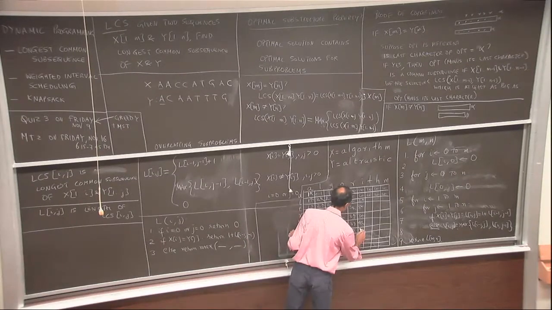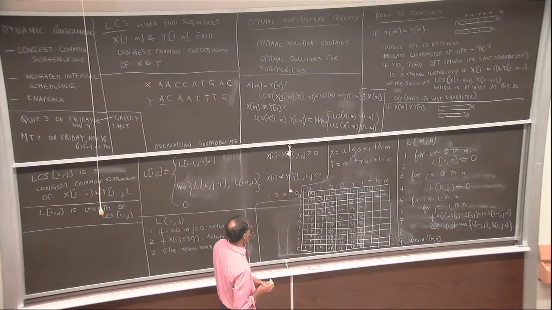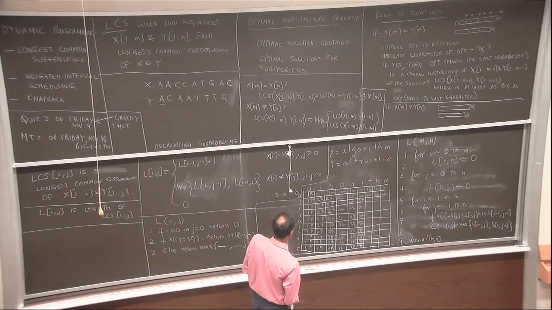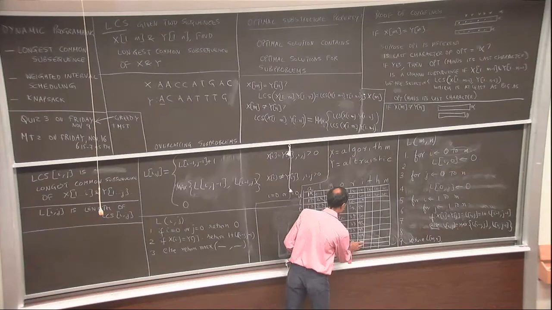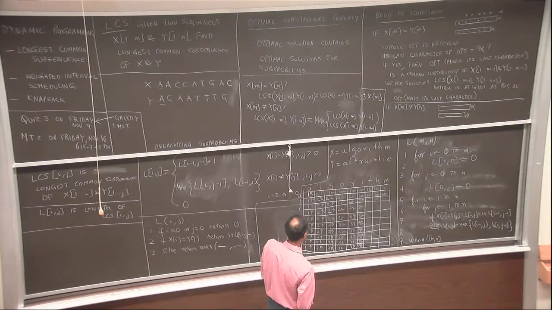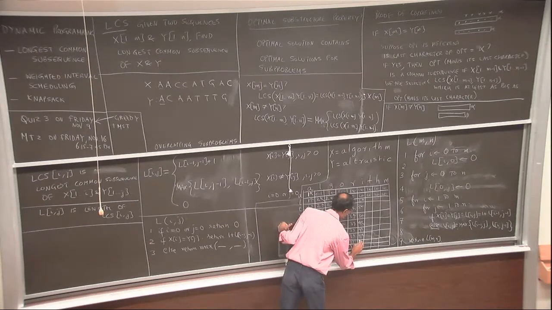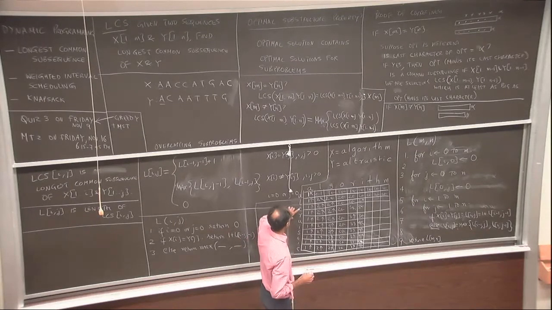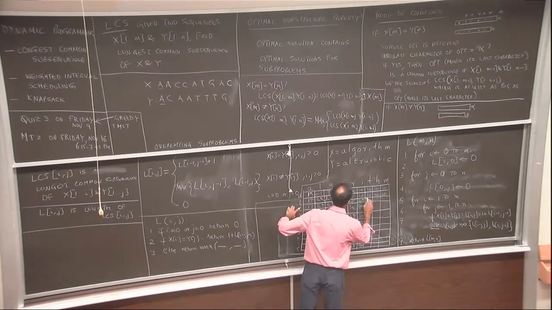S does not match with I. 4. Oh, I matches with that. I matches with I, but we don't see a I, so I get 2, 4. Okay. T and T, they do match. 3.